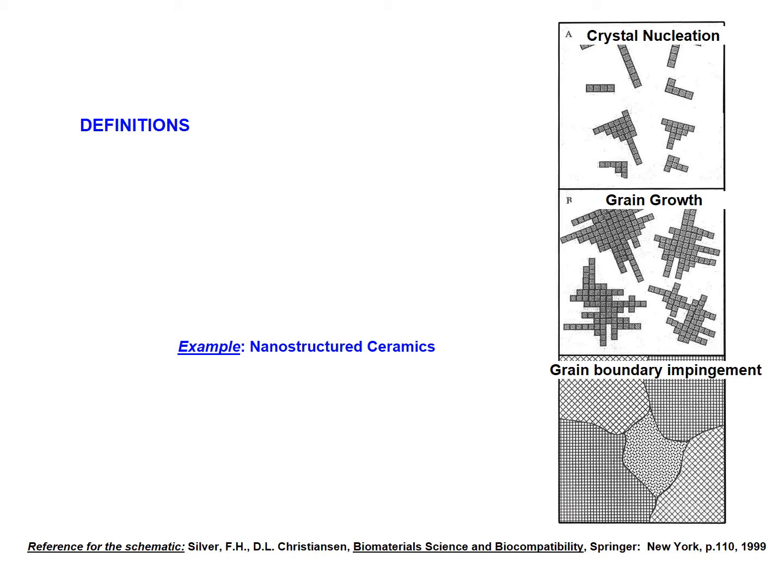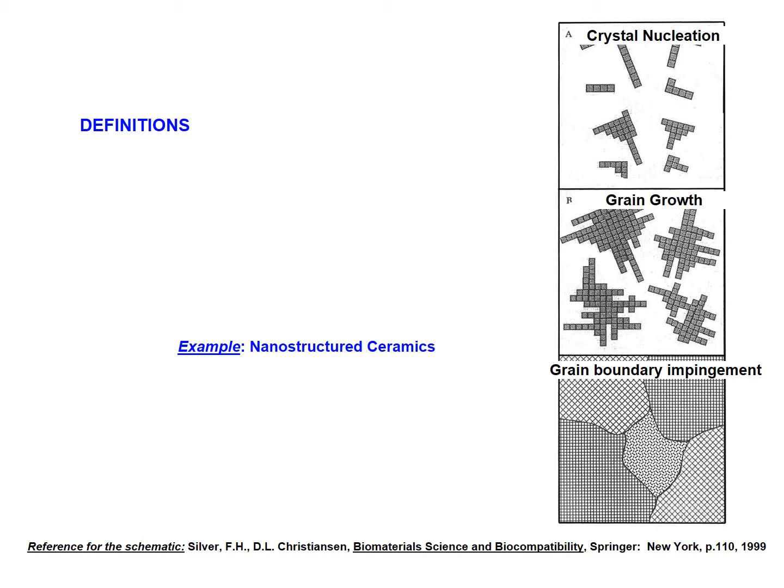As shown in the schematic frame A, we have crystal nucleation which comes about to form a solid material. You can see the grains growing, shown schematically in frame B. And eventually we have all of these coalescing and bringing all these particular grains together.